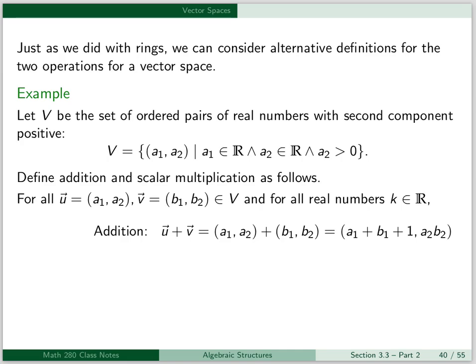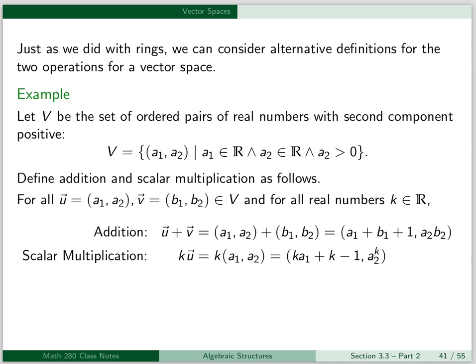For our addition, we have U plus V equals A1, A2 plus B1, B2 is going to be defined to be A1 plus B1 plus 1, A2 times B2. So instead of just adding the two components together, in the first component, we're going to add the two first components and then add a 1. And in the second components, we're going to take the two second components and multiply them.